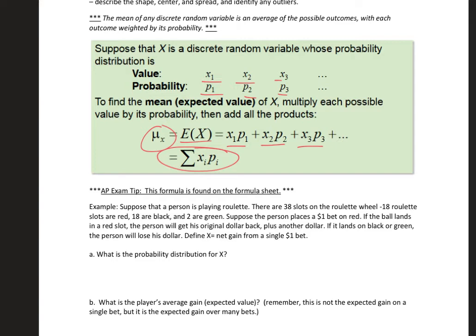I love expected values, aka means, with discrete variables because we see it so much in real life. And I think the most common place that we get fooled, because I'll be honest with you, a lot of people just don't understand expected value and how it works and why they're at a disadvantage most of the time in life with a lot of things that they do.